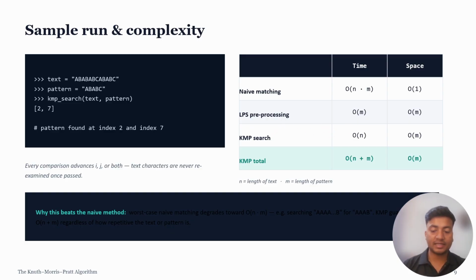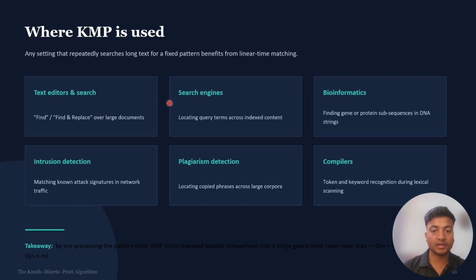Let us continue from my next slide. In this slide, we will learn about applications and conclusion, where KMP is used. KMP is mainly used in real world examples. It is used in text editors for find and replace. It is used in search engines.